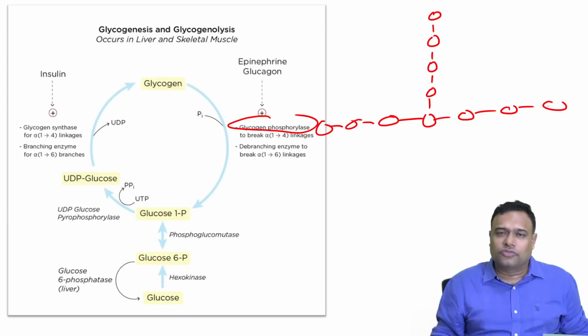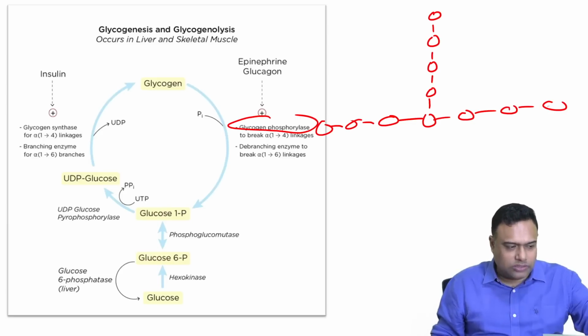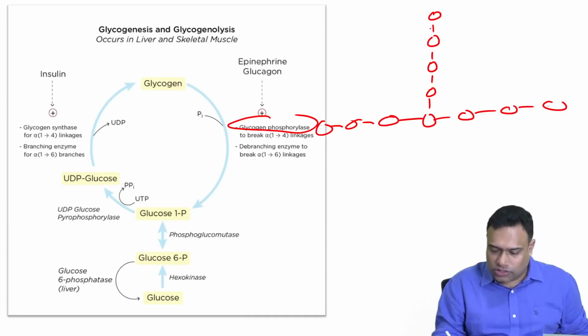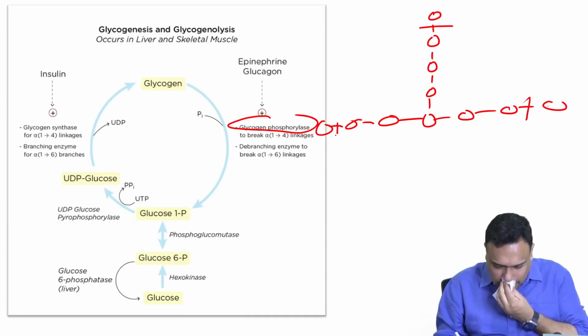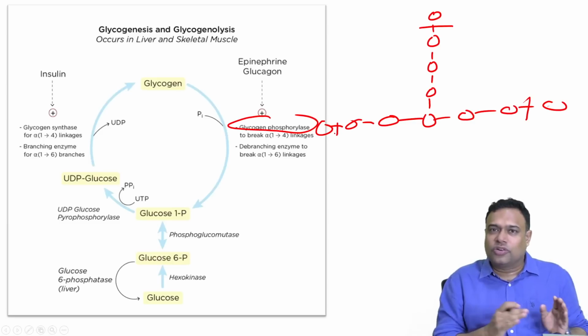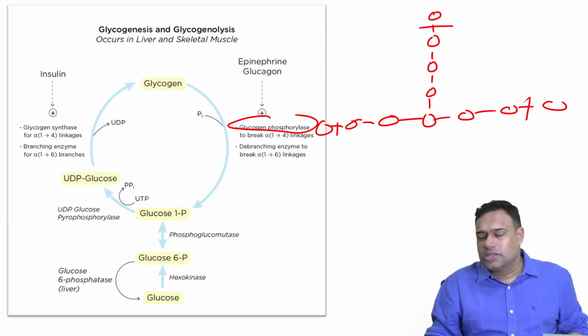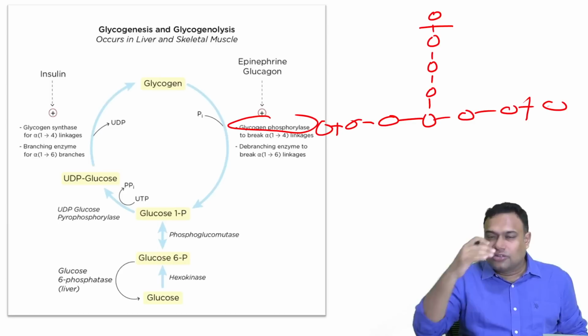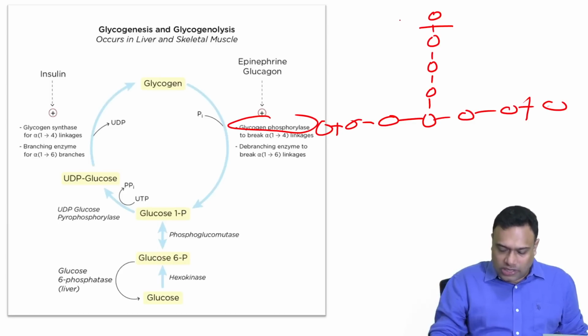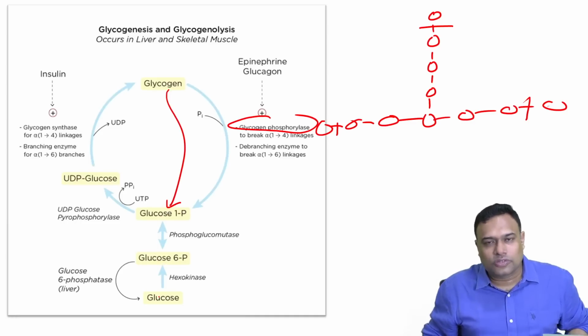Glycogen phosphorylase breaks these 1,4 bonds and releases the glucose molecules by converting them to glucose 1-phosphate. This forms glucose 6-phosphate, and this forms glucose.